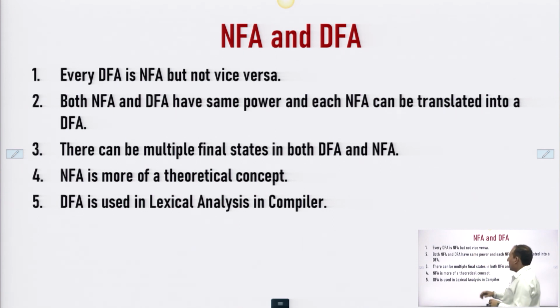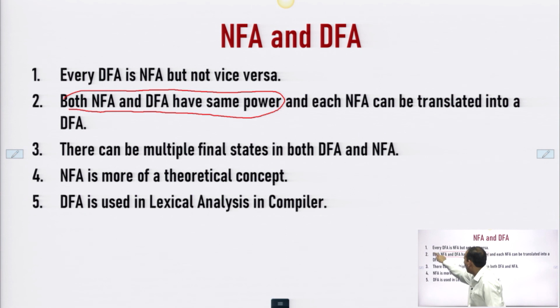Now, the second point says that both NFA and DFA have the same power, and each NFA can be translated into a DFA. So, I can break point number 2 into two sub points. The first is that both NFA and DFA have the same power, right.